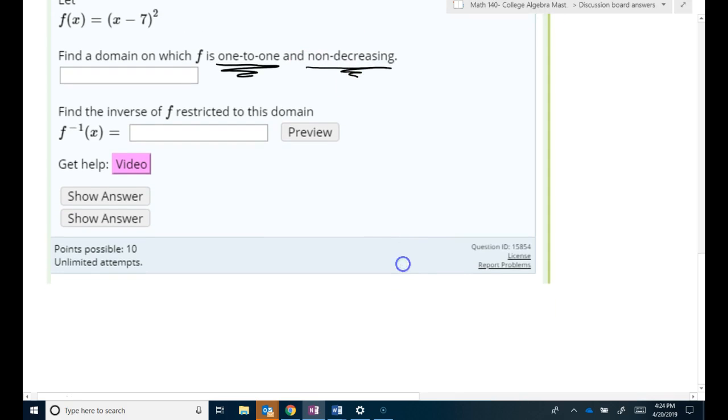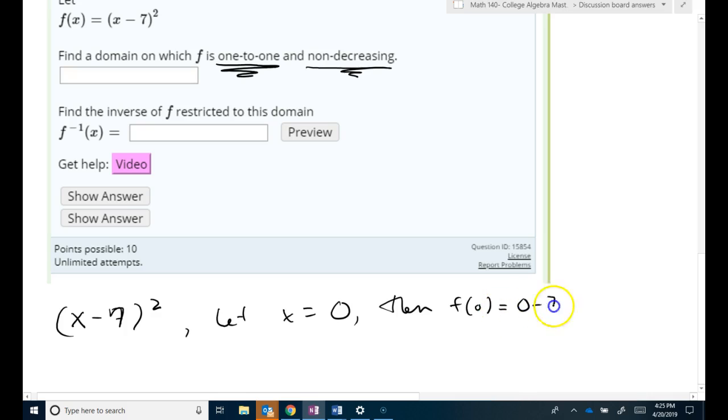Well, here's the reason why we need that 1 to 1. So (x minus 7) squared, okay, if I let x equal 0, then f of 0 will equal (0 minus 7) squared, which is going to end up giving me 49.